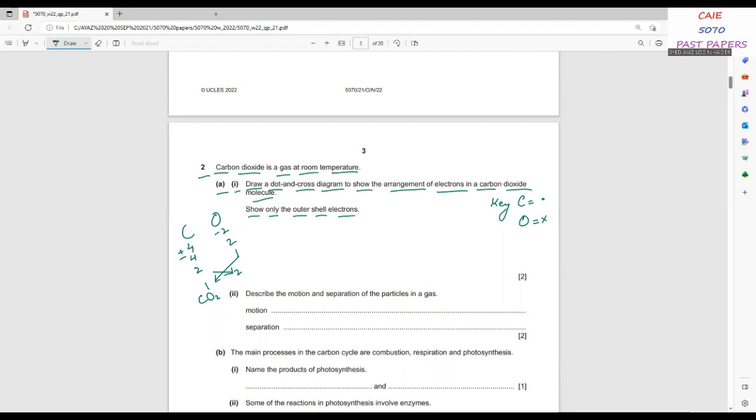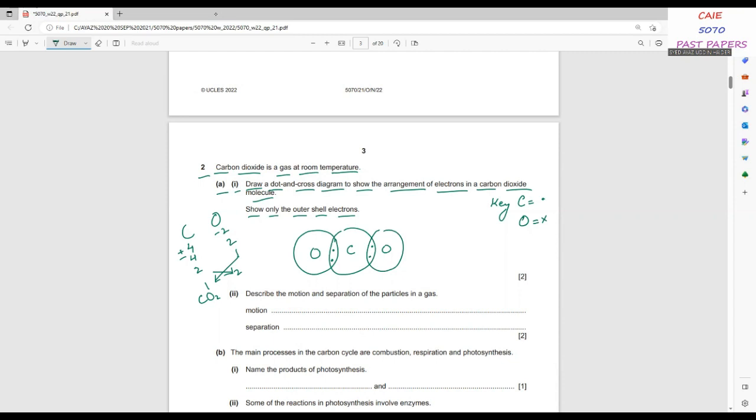So that carbon atom must be in the middle. This is carbon, and 2 oxygen atoms will be attached on the right hand side and left hand side. Now I'm showing the valence electrons for carbon. There are 4 valence electrons for carbon. So it will be 1, 2, 3, 4. Oxygen belongs to group 6.